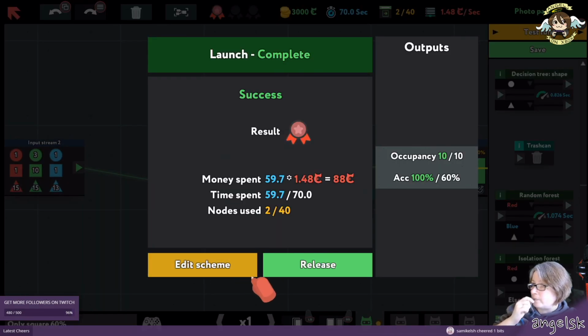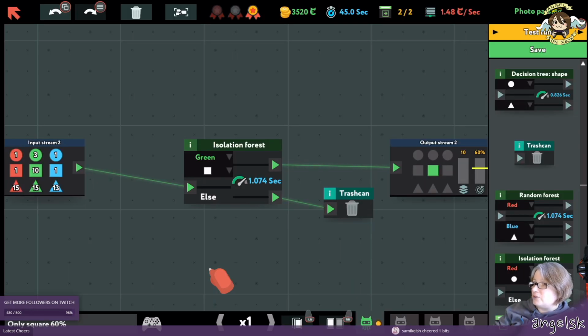I'm not doing bronze. Okay, so we only have a decision tree on shape. Really?